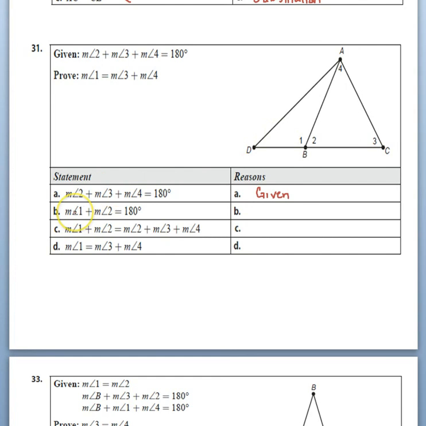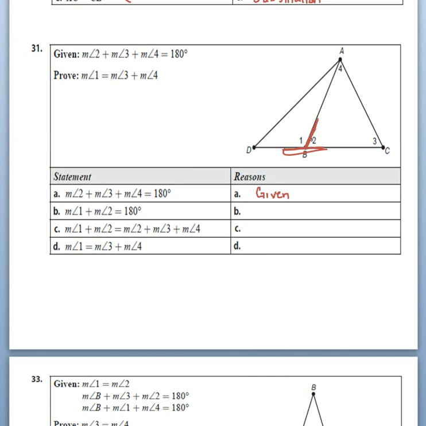Okay? Okay, so let's take a look at statement B. Statement B says the measure of angle 1 plus the measure of angle 2 equals 180 degrees. This one doesn't come from statement A. This is by looking at the picture. So if we look at angle 1 and angle 2, they form a line down here. Okay, so if you have two angles, these are called adjacent. They share this side.